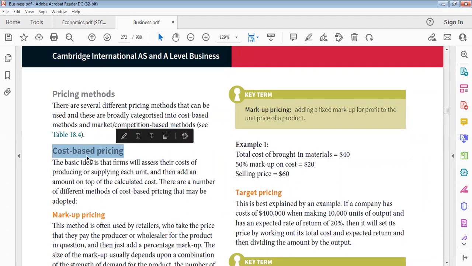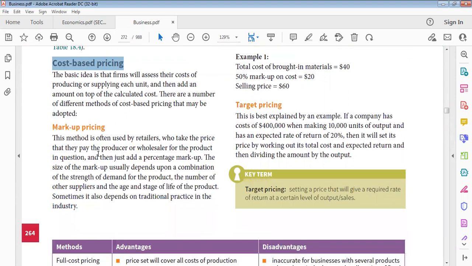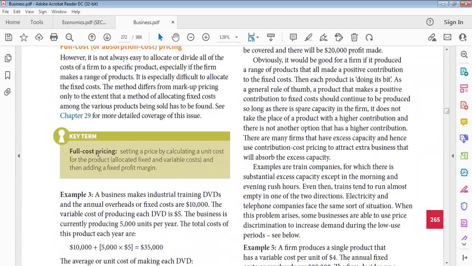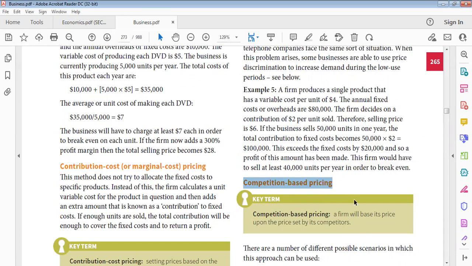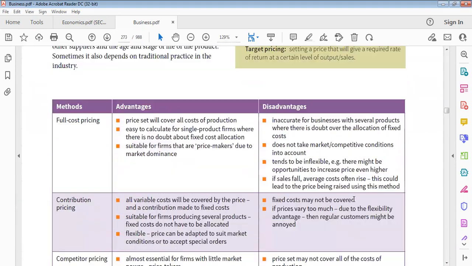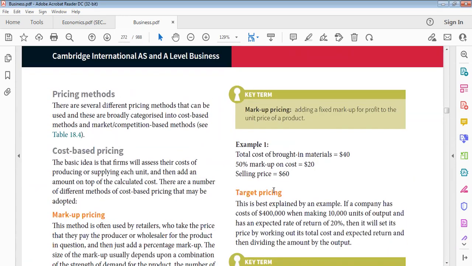The first one is cost-based pricing. Can you guess what the second one is? The second one is competition-based pricing. So these are the two types of pricing method.